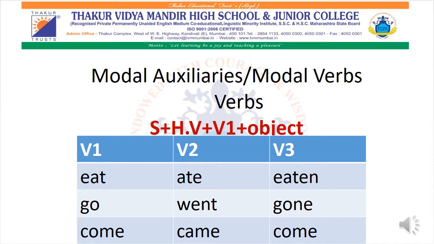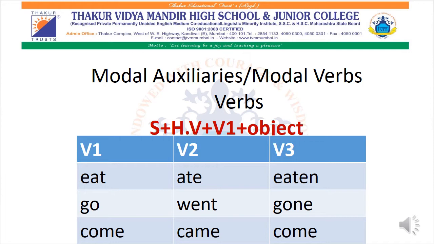As you all know, we have three verb forms: the base form, then V2 and V3. So V1 is the actual base form of a particular word, and accordingly V2 and V3 keep changing. Sometimes it is the same, but most of the time it changes.